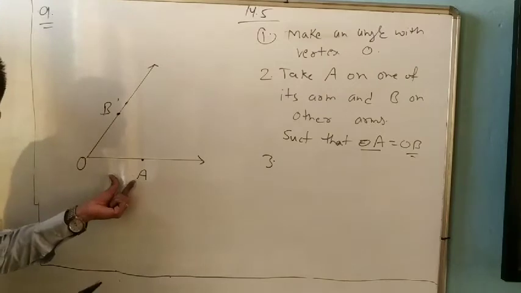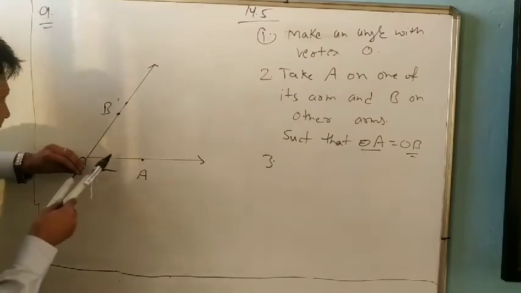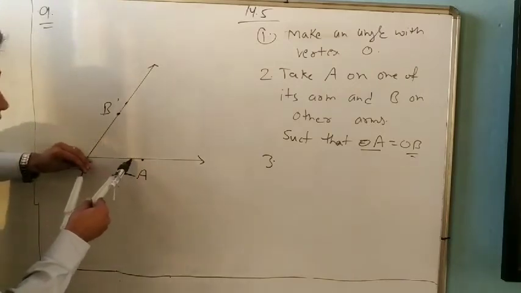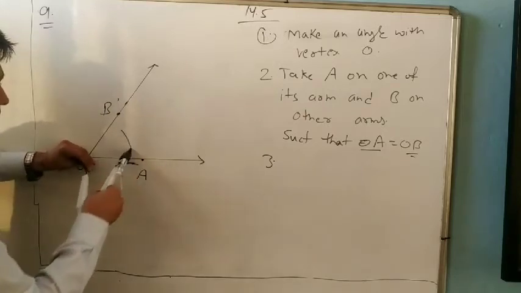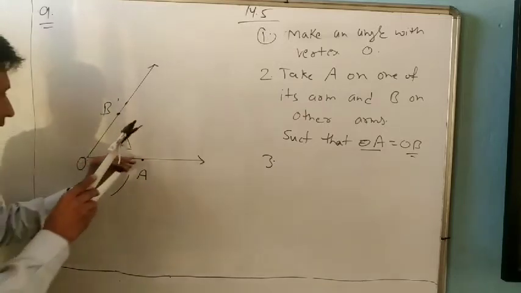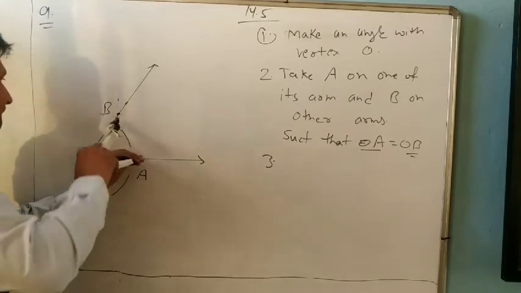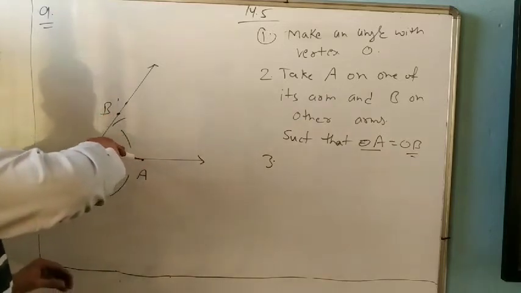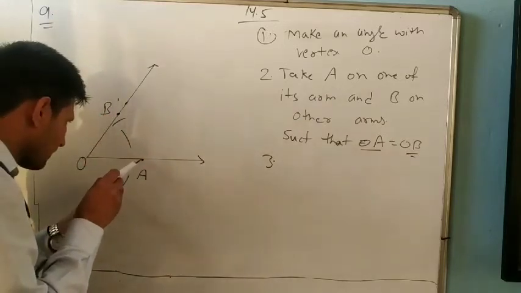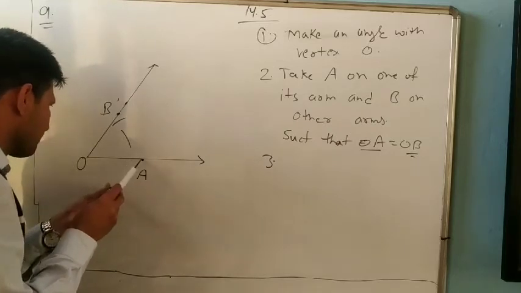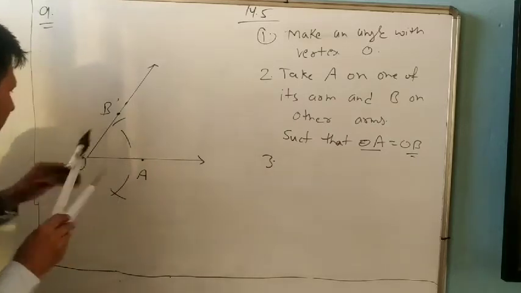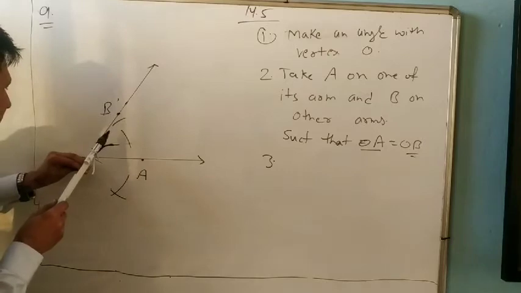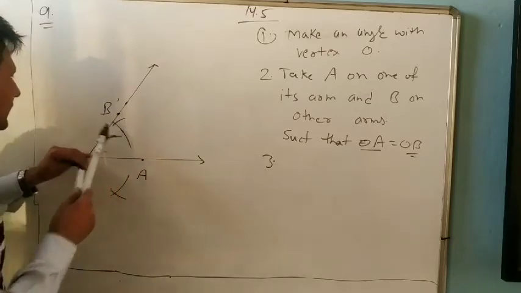Third, next is given, draw the perpendicular bisector of OA. So we will draw the perpendicular bisector of OA. How will we take? Open compass more than half, like this one, like this one. Okay, so take the perpendicular bisector, this one.